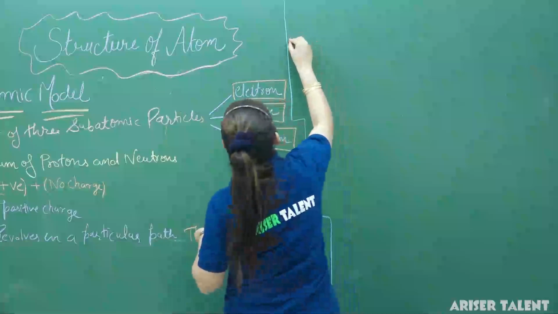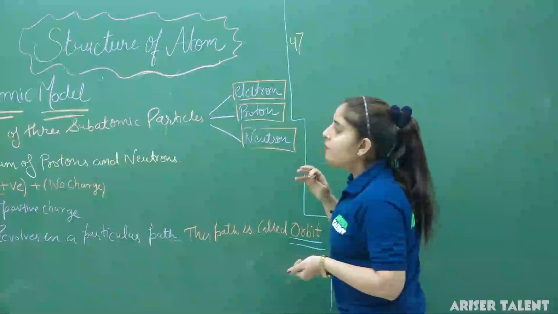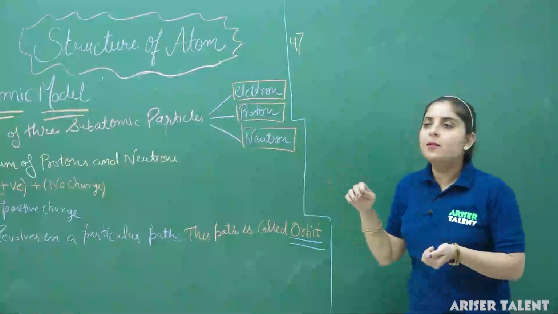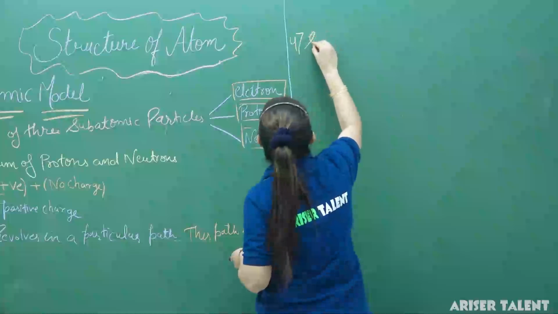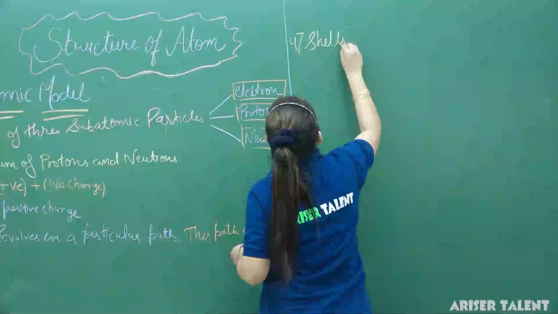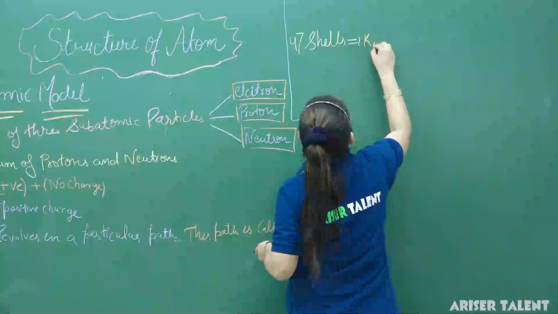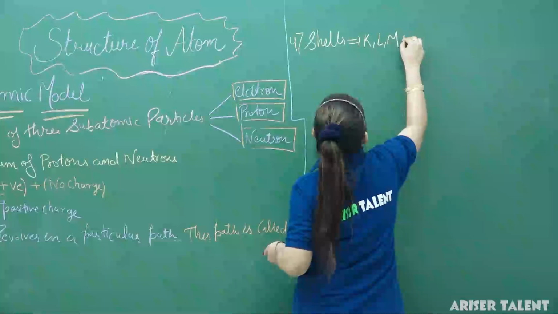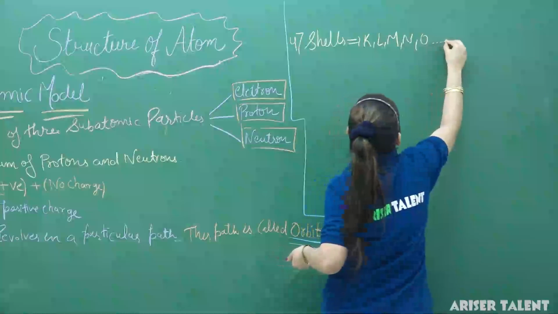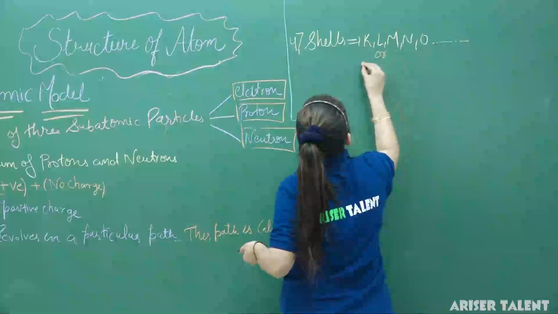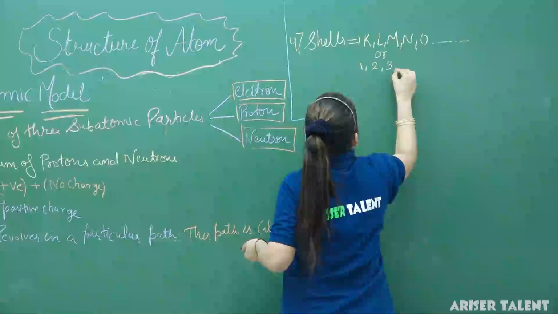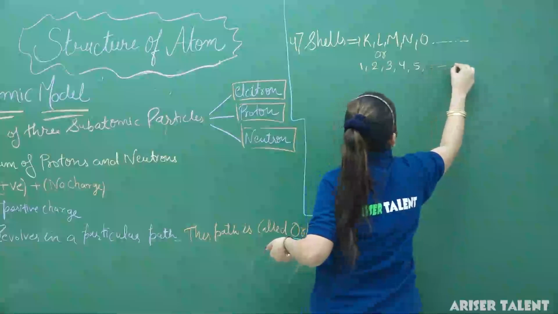The next point of Bohr's atomic model is that if the electron revolves in a certain path, it will have shells, and we can name these shells as K, L, M, N, O and so on. Sometimes we also name the shells as 1, 2, 3, 4, 5 and so on.